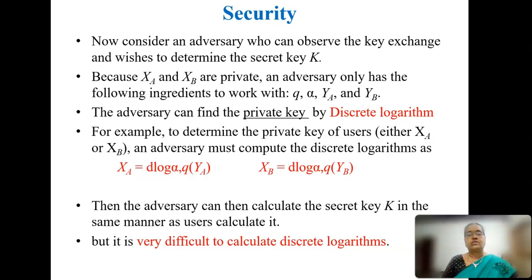But even though he knows all these values, it is very difficult to find the discrete logarithm of a particular value. If the adversary arrives at the value of XB or XA, then he can easily calculate the secret key value K. But it is very difficult for him to calculate the private keys XA and XB through discrete logarithm.